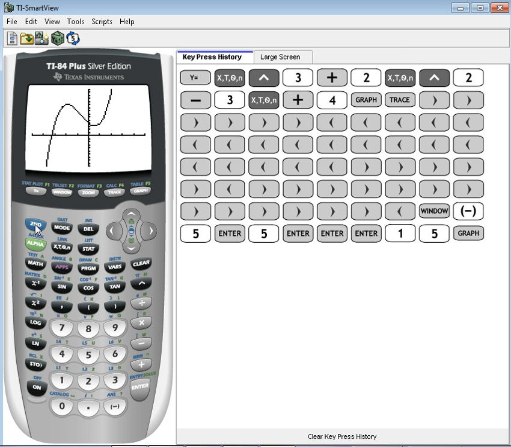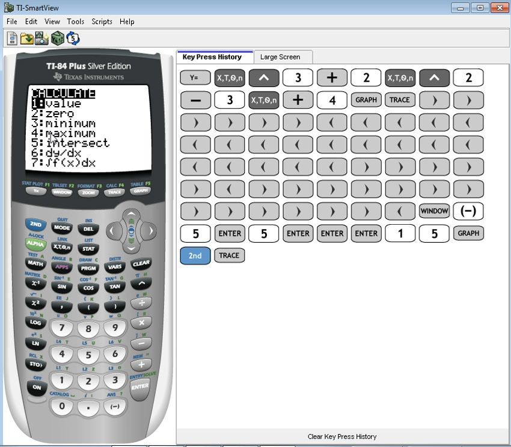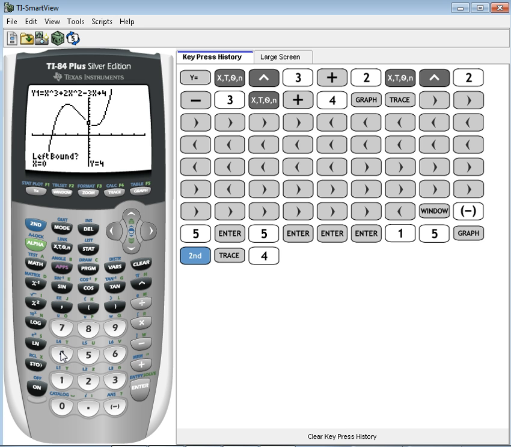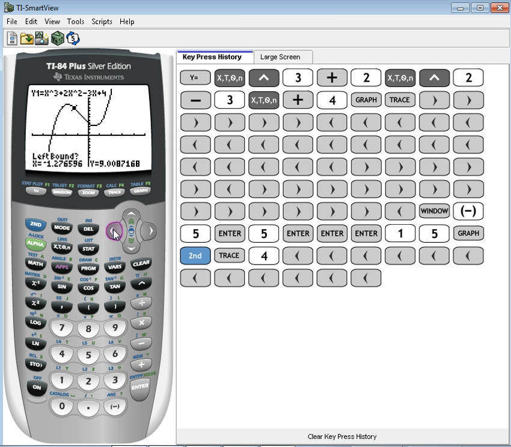So to get the calc function, we're going to use second trace, and you'll notice that the maximum function is associated with the number 4. So I'm going to press the number 4, and you'll see that it's asking for a left bound. As I move the cursor to the left, you'll see the points changing.